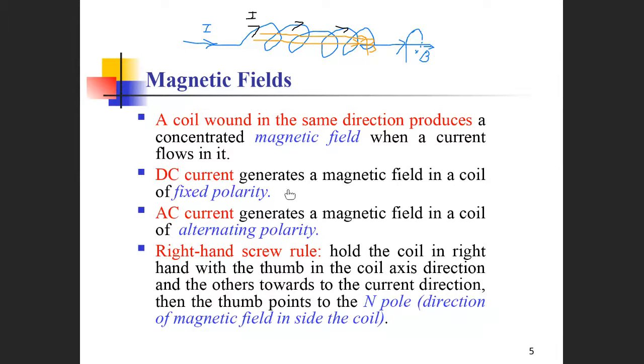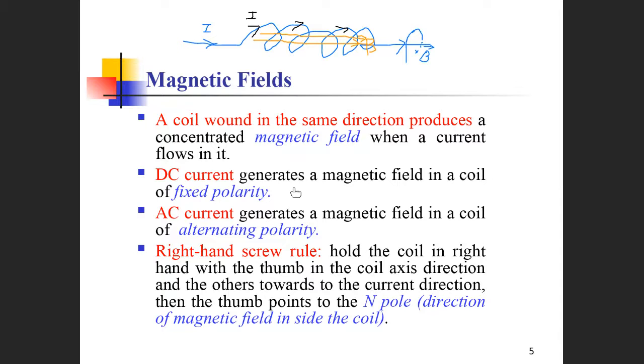A DC current generates a magnetic field in a coil of fixed polarity. We define the magnetic field as going from the North Pole to the South Pole, externally. So it starts from the North Pole, then goes to the South Pole.